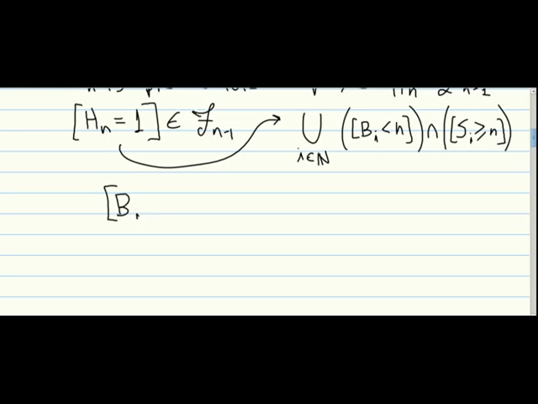So first let's take a look at B0. Actually, B0 is minus 1. So it's a deterministic thing. And B0 is always smaller than n for every natural n. So this is always Fn minus 1 measurable. But I want to go further. I want to say that this is a stopping time.